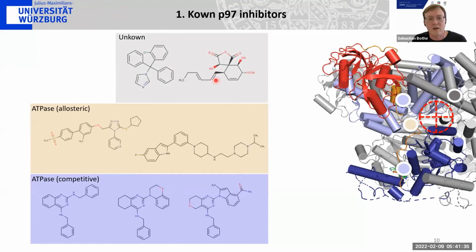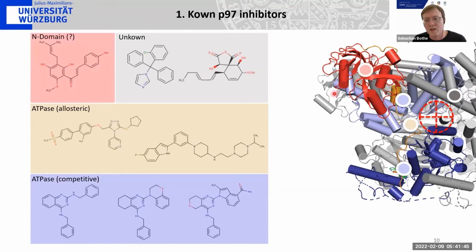Then we have several compounds where we do not really know where they bind or what the mechanism of inhibition is, and we are interested in the N domain. In terms of the N domain, at the moment only one natural product, xanthohumol, has been reported, for which a mechanism via the N domain is postulated.